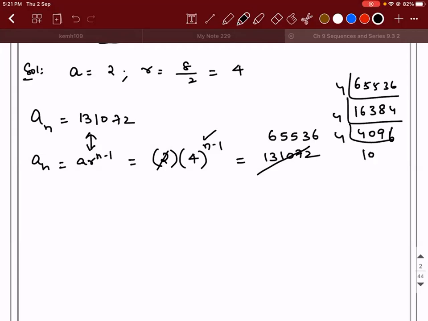Again 4. 1024. Again 4. How much is it? 256. Again 4, how many times? Did I make any mistake?